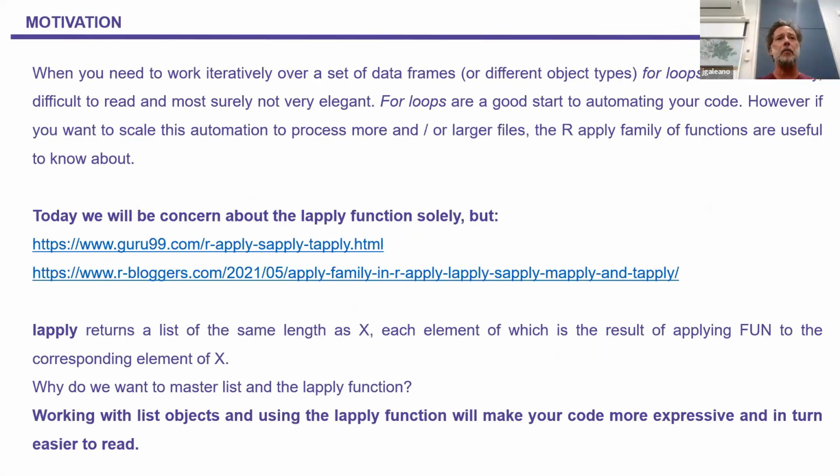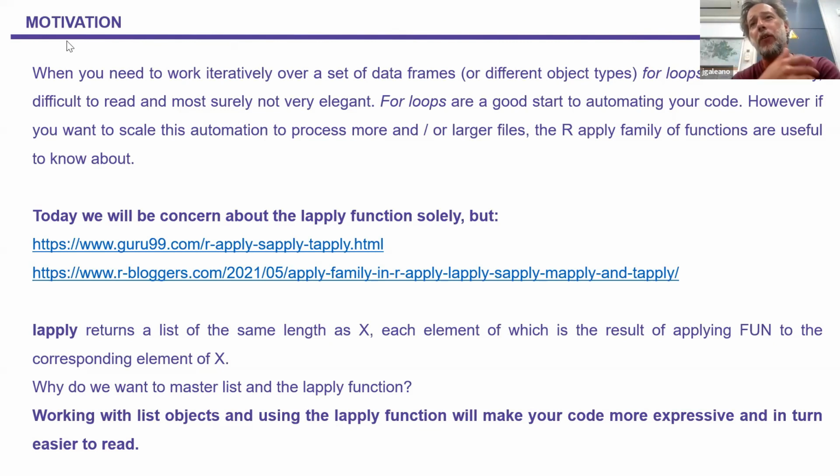And as part of the motivation, I was before explaining my personal motivation of building this co-residence database, but in general, we can say that every time you need to work iteratively over a set of data frames or different object types, for loops would be messy and difficult to read, and surely not very elegant in how we write our code.